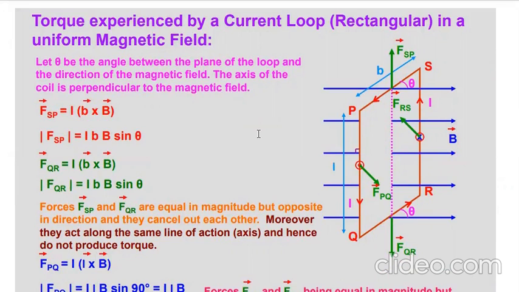So far in the last class, we have discussed that whenever a current carrying conductor is placed in an external magnetic field, it experiences force. The magnitude of force is given by F equal to ILB sine theta.